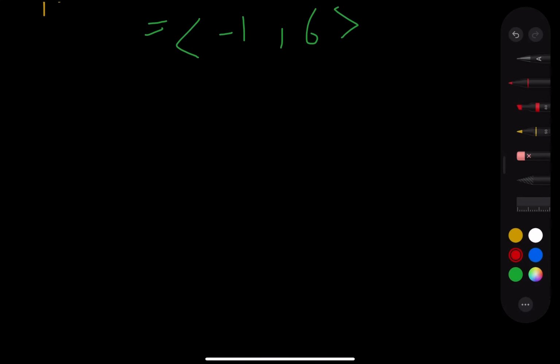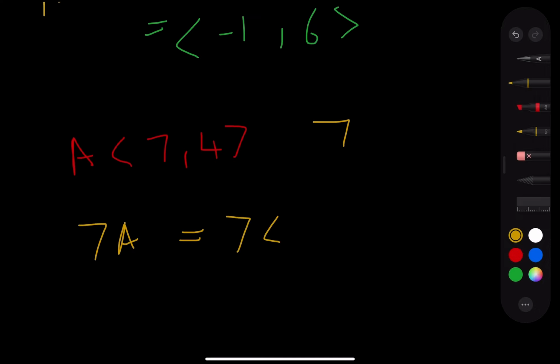I then want to do scalar multiplication. So that is when you have a vector, let's say A is equal to 7 and 4, and we have a scalar, and a scalar is just a number, right, of 7, and I want to find out what 7A is. Well, the way we work that out is that we put the 7 outside, and then you have your 7, 4, and then you just multiply out.